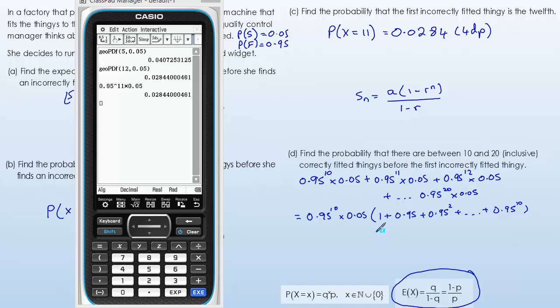And in this case, there are actually 11 terms. The first term is 1, and the ratio is 0.95. And so on the bottom we've got 1 minus r, which is 0.05.